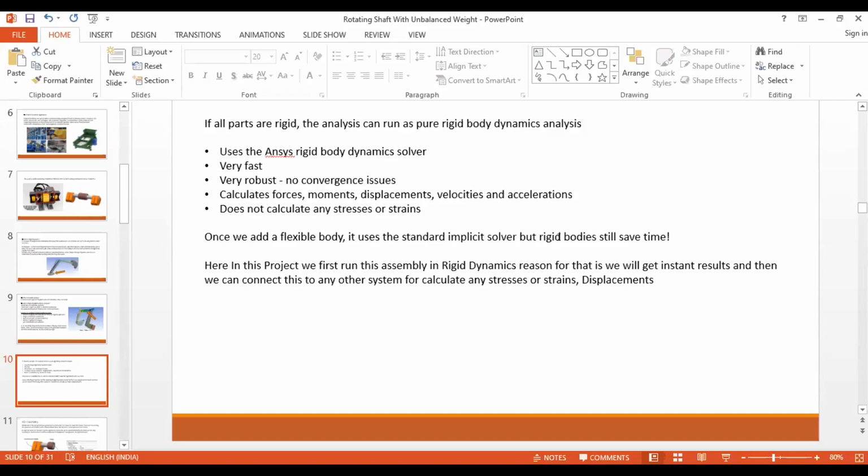I will explain this point in the meshing section, why rigid body will save the time. So in this project, we first run this assembly in rigid dynamics. Reason for that, we will get instant results, and then we can connect this to any system for calculating any stresses or displacement.